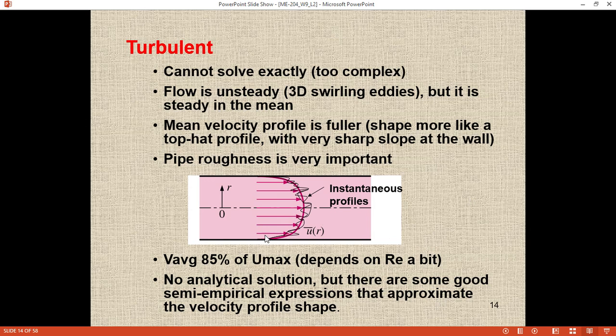So this is the U max, and the average velocity will become 85% of the U max. There is no analytical solution, but there are some good semi-empirical expressions that approximate the velocity profile shape.